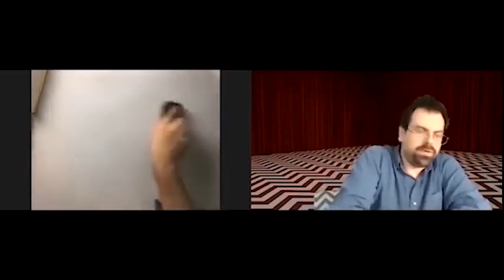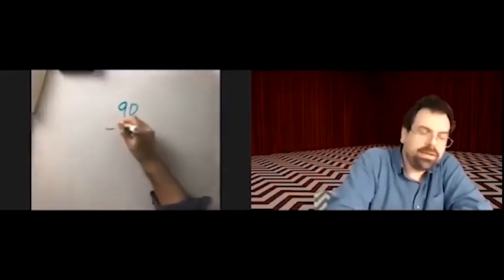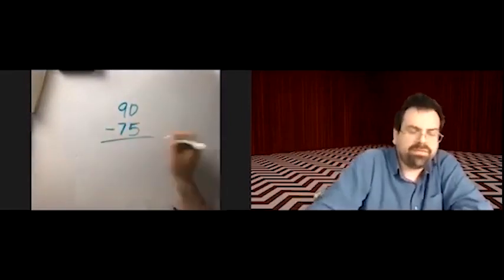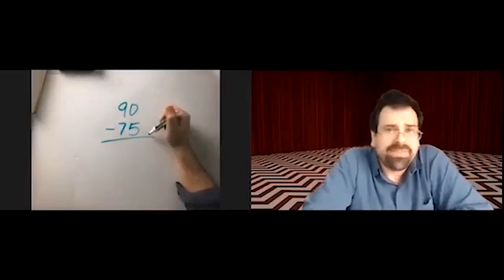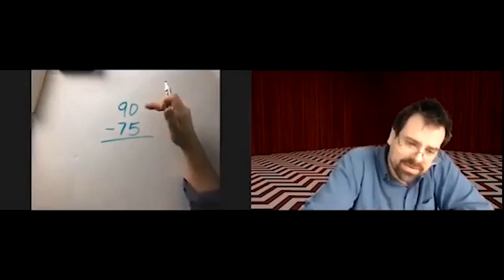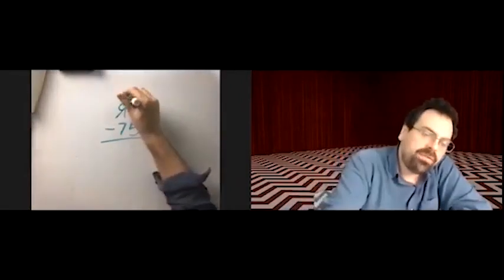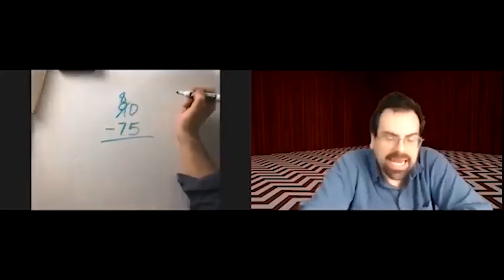Let's keep up with the borrowing. And let's look at 90 minus 75. So 0 minus 5 we can't do. Top number is smaller than the bottom. We like when it's bigger minus smaller. So we have to take 1 away from the 9, lowering it to an 8.